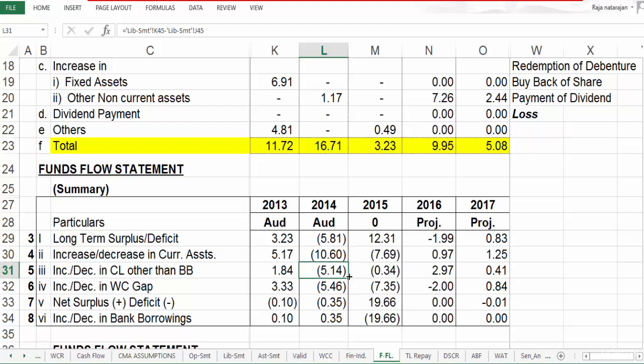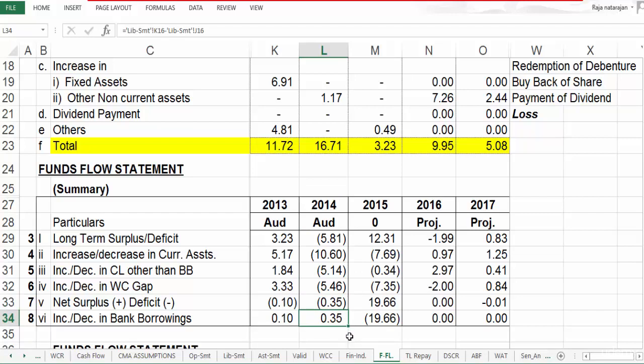What is paid is 5.14. The gap is 5.46. This 5.46 was adjusted against the deficit of 5.81. So there was a shortage of 0.35 crore, and that shortage is met from an increase in bank borrowings.